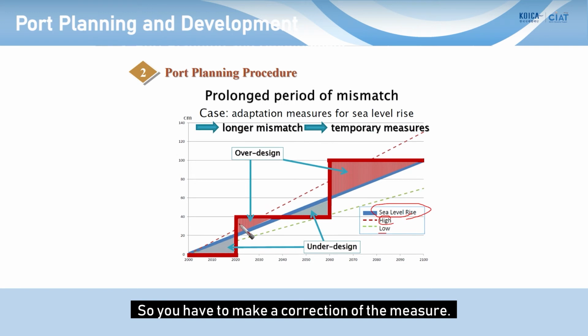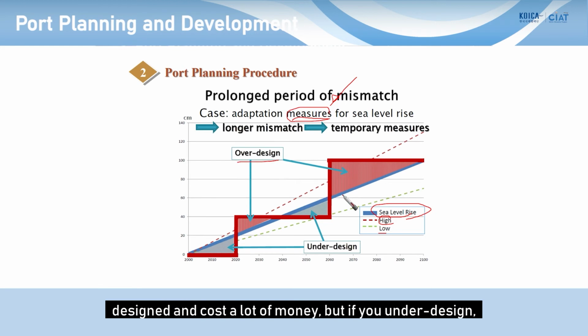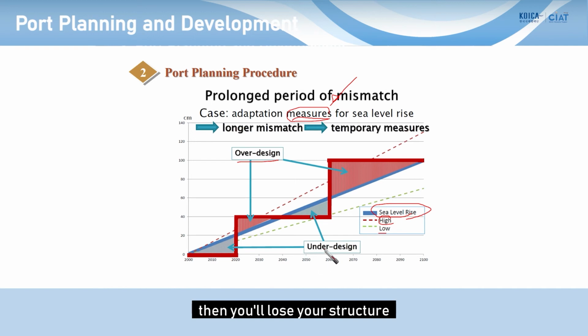So you have to make a correction of the measure. This measure is the design criteria. If you protect too much, that is over design, then you cost a lot of money. If you under design, then you will lose your structure during the operation of your port. So maintenance cost will be increased.